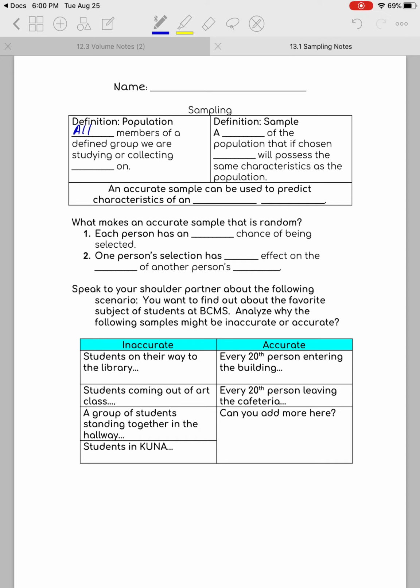Now, let's talk about sampling. When we're trying to sample, what we're trying to do is get a collection of data. First off, the population we have to pay attention to is all the members of a defined group we're studying or collecting information on.